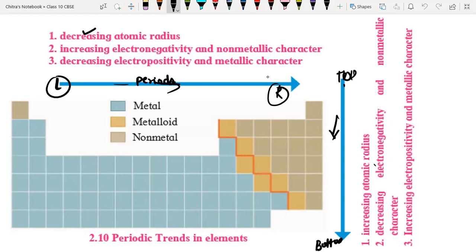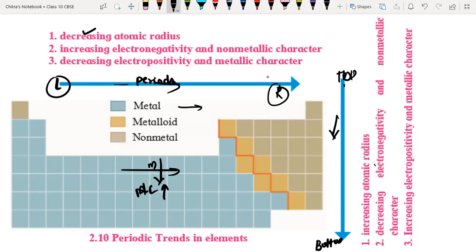Yes. The second point says increasing electronegativity and non-metallic character. So when we are moving left to right, electropositive nature decreases and electronegative nature increases. Hence metallic character decreases and non-metallic character increases.